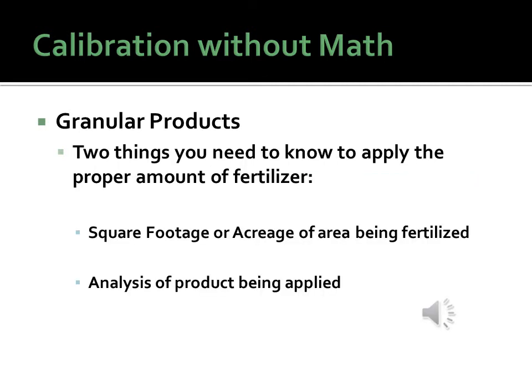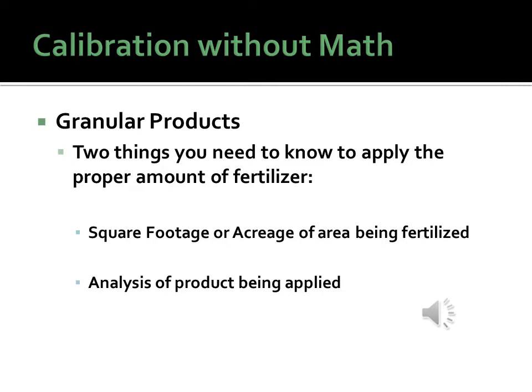All right, two things you need to know to apply the proper amount of fertilizer are the square footage or acreage of the area being fertilized and the analysis of the product being applied. That analysis is going to be on the fertilizer bag. That's your analysis. And your square footage is when you go out and estimate how much it'll take to fertilize this yard.